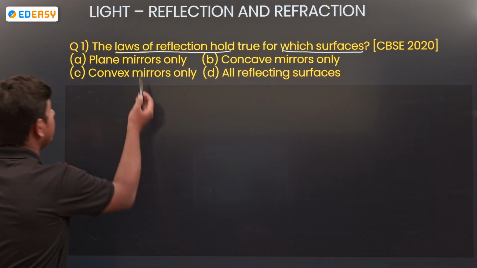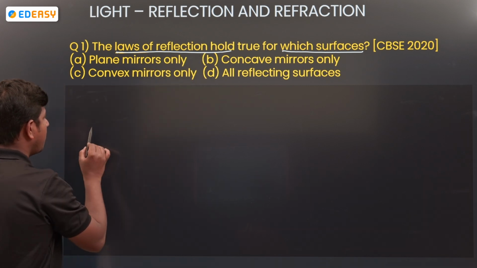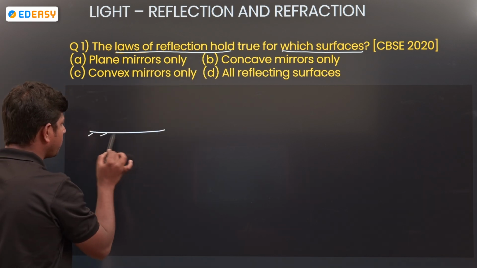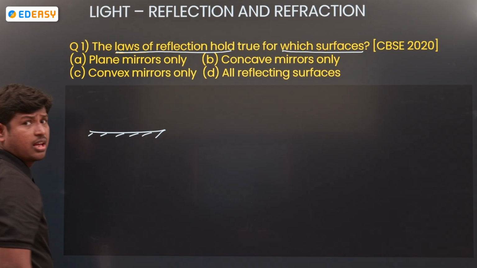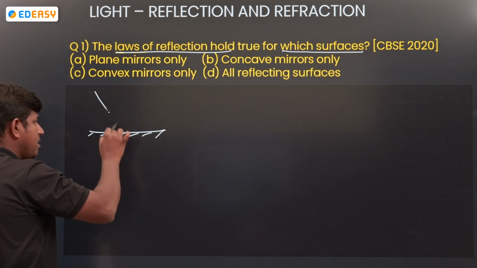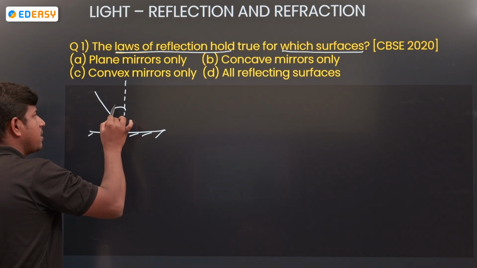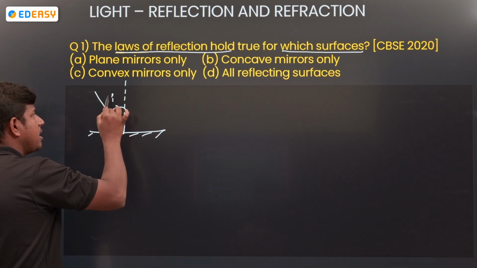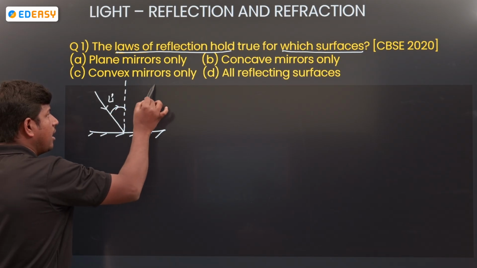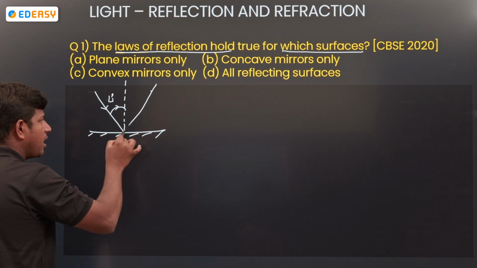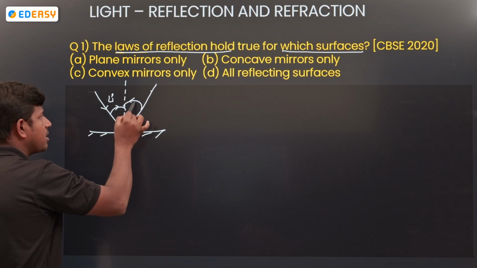Take a surface, a smooth surface or a rough surface. A light ray is incident, take a normal. The angle between the incident ray and the normal is the angle of incidence, and the angle between the reflected ray and the normal is the angle of reflection.